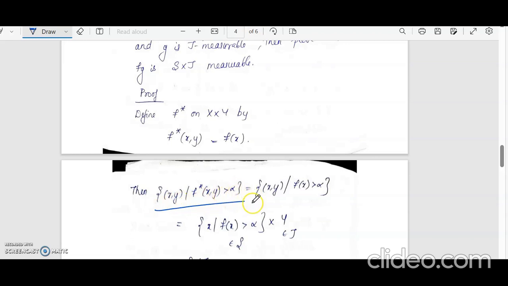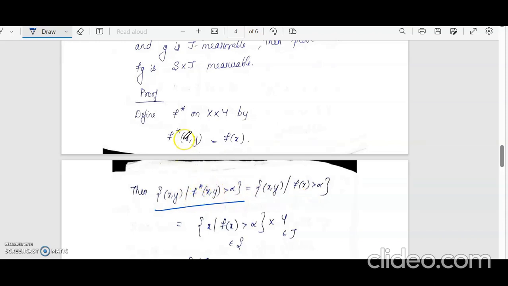If this belongs to S cross J, then we can say that this function f star is measurable. So we will start by defining f star of (x, y) equal to f of x. Consider the set of all (x, y) such that f star of (x, y) is greater than alpha.